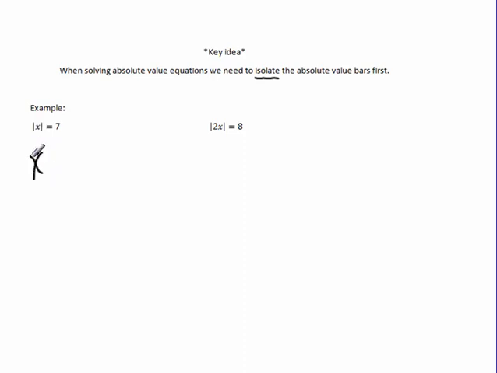Well, x can equal 7, because the absolute value of 7 is 7. And x can equal negative 7, because the absolute value of negative 7, excuse me, is 7. So it works that x equals the positive and the negative version.